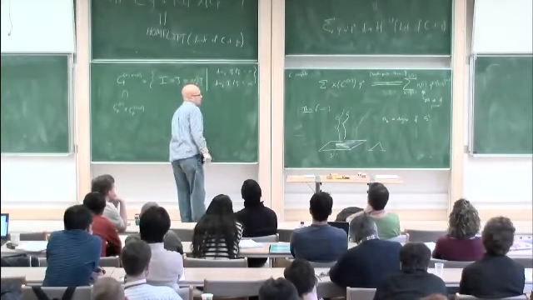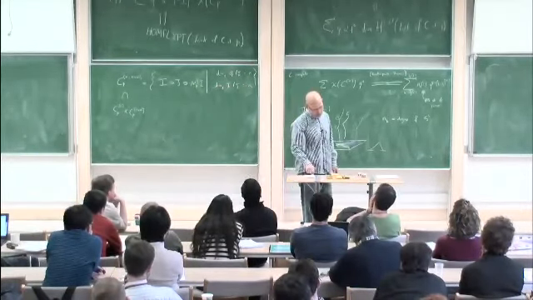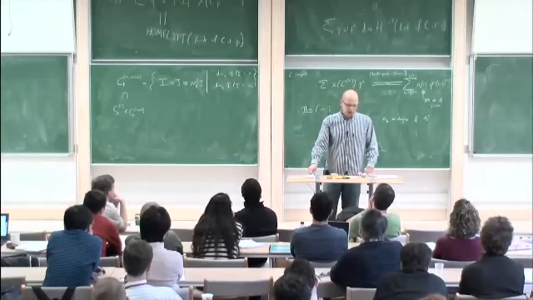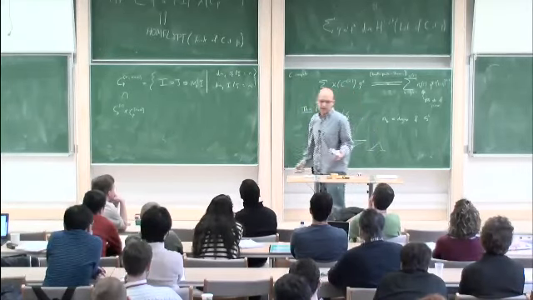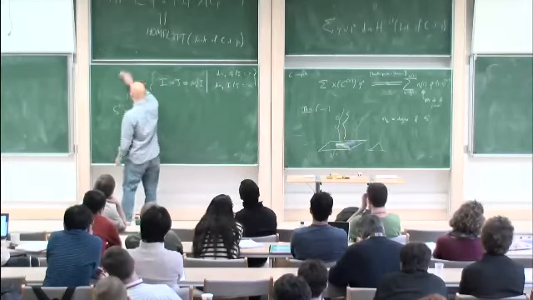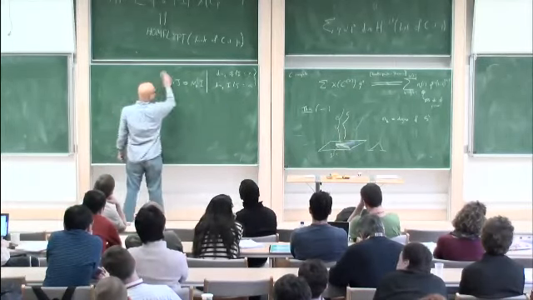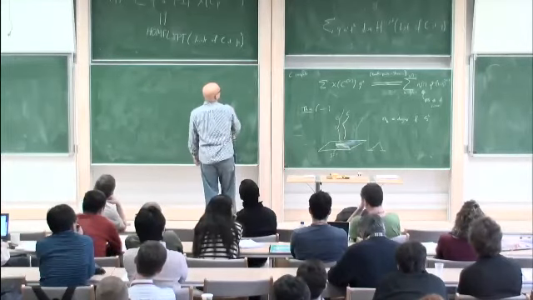I don't know whether or not they all sit in the motive generated by the affine line. That's probably true, but I don't know. I don't know a ton of that. Okay, so let me say something about the evidence for these.